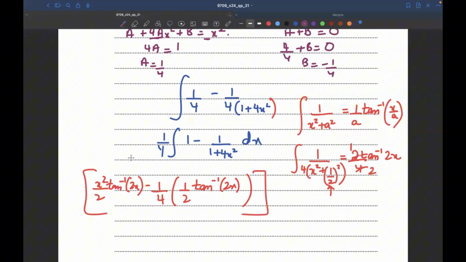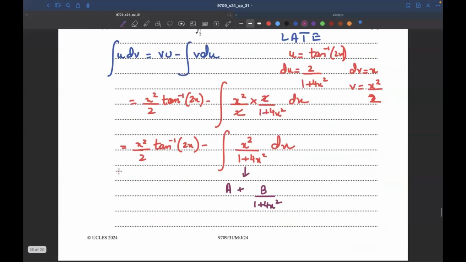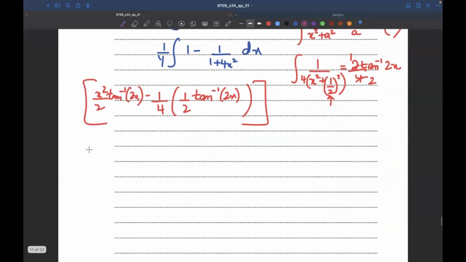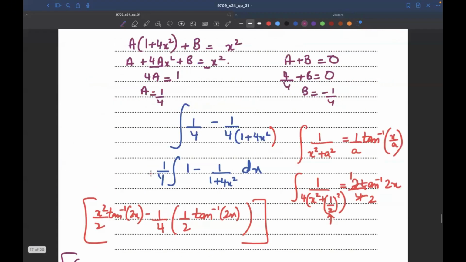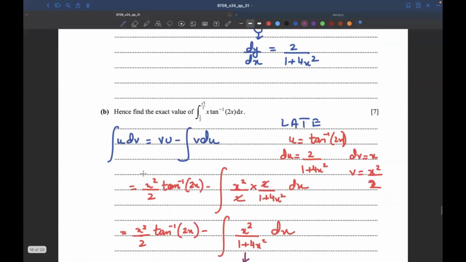The upper limit is root 3 by 2. So we'll write root 3 by 2 whole squared upon 2 tan inverse of 2 into root 3 by 2, minus 1 upon 8 tan inverse of 2 into root 3 by 2, and then we'll subtract it from the lower limit, which was given as 1 upon 2.